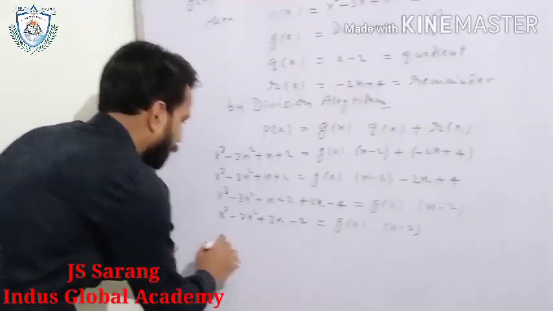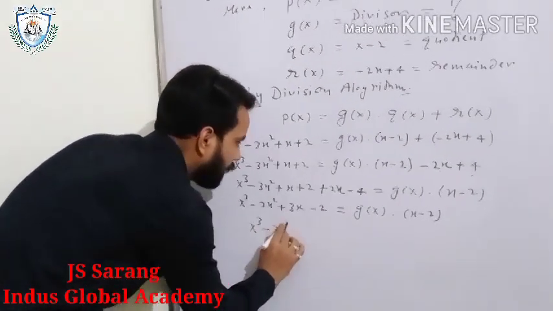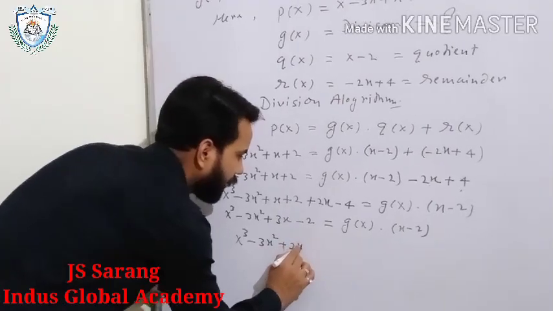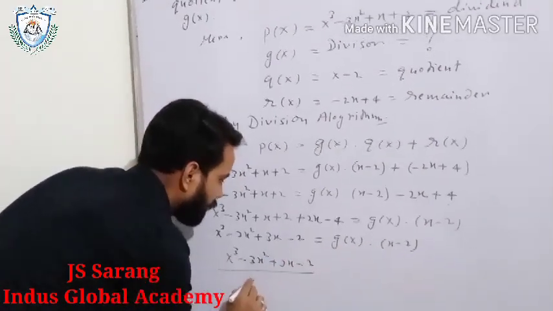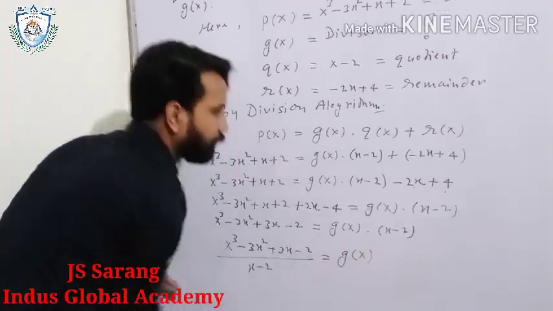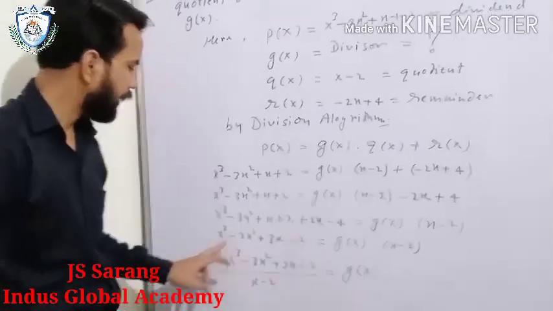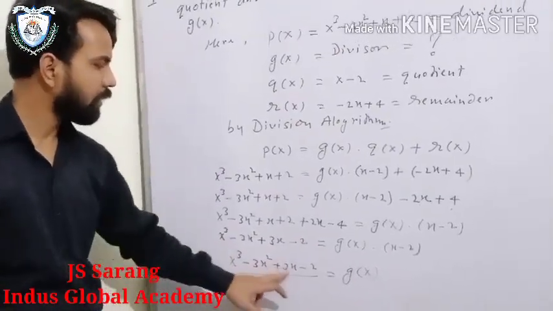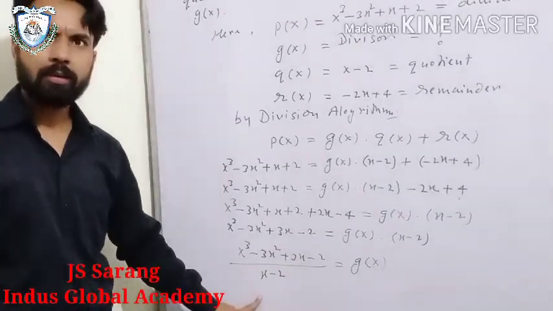So we will get x cube minus 3x square plus 3x minus 2 divided by x minus 2 equal to g(x). It means the value of g(x) we can get when we divide x cube minus 3x square plus 3x minus 2 by x minus 2. Understood?